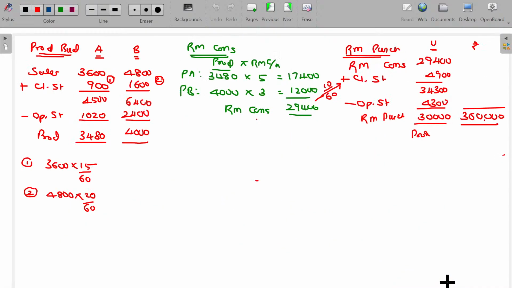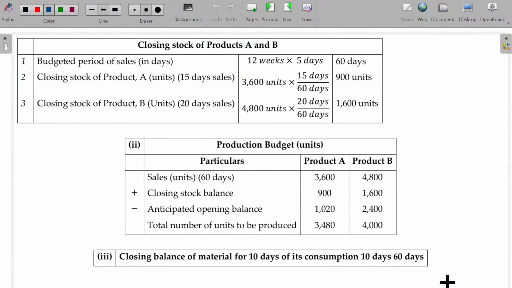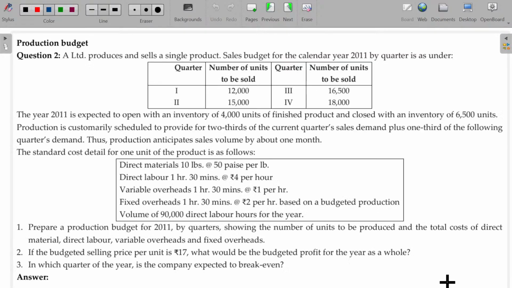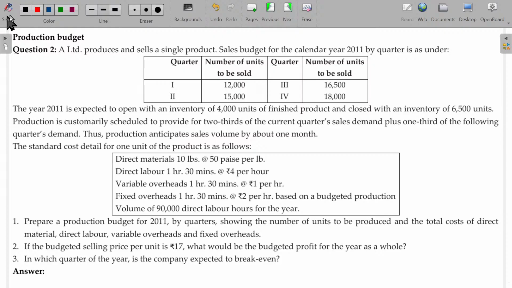One more illustration on production budget. See this one. Now, in production budget, A Limited produces and sells a single product.